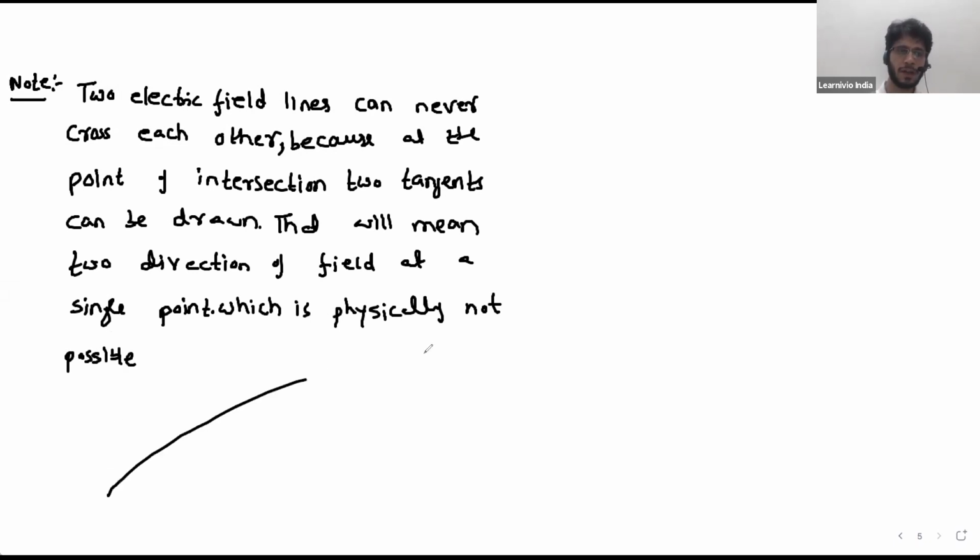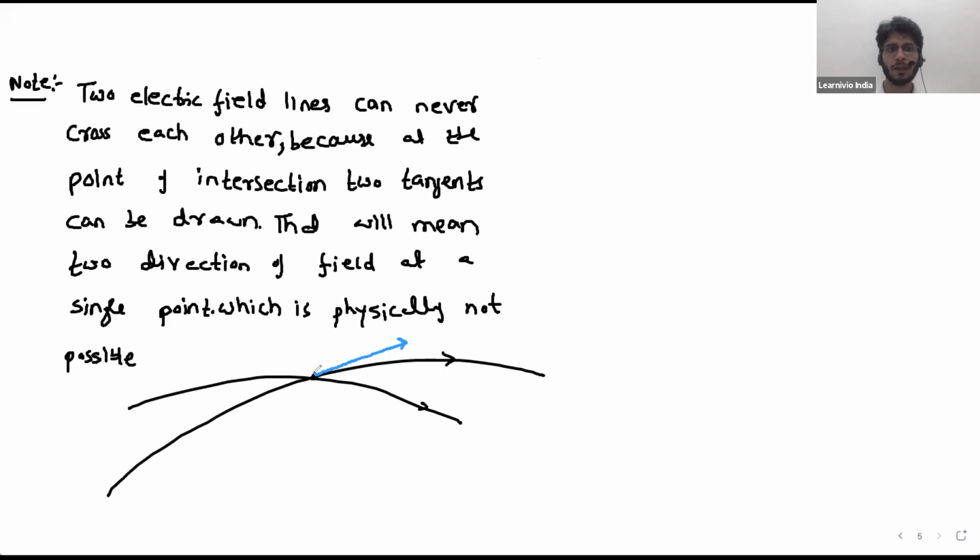So if I take two field lines and I say that these two field lines cross, this is the point of intersection. Over this point of intersection, we can draw two tangents. This is the first tangent and this is the second tangent. Two tangents would mean that at one point you have two different directions of field, which is practically not possible.